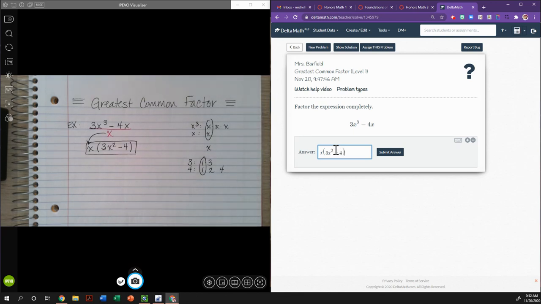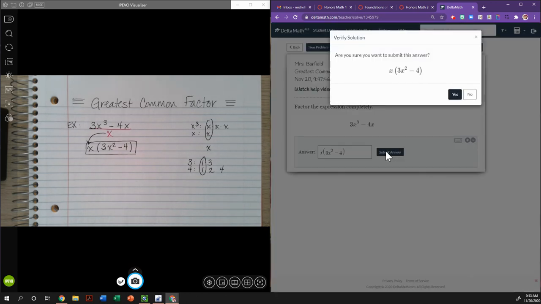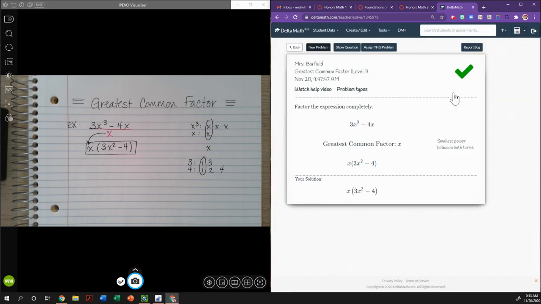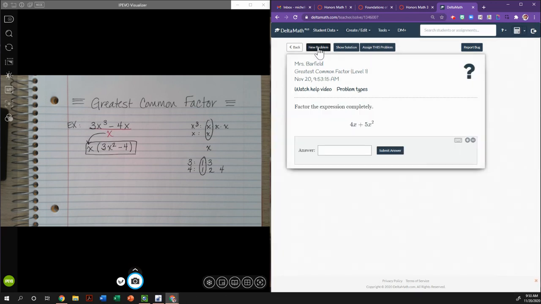You should be able to look at this and say, hey, if I do the distributive property, x times 3x squared would give me 3x to the third, and then x times negative 4 would give me negative 4x, and you'd have your distributive property back. So I'm going to submit my answer. Yes, I have my green check. And you can see here, it also says smallest power between both terms. All right, let's try a new problem.